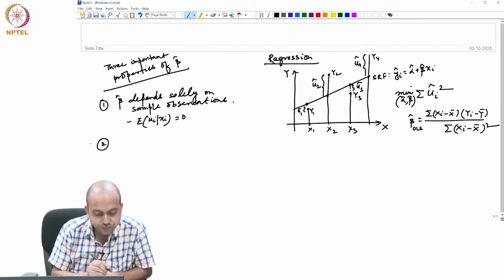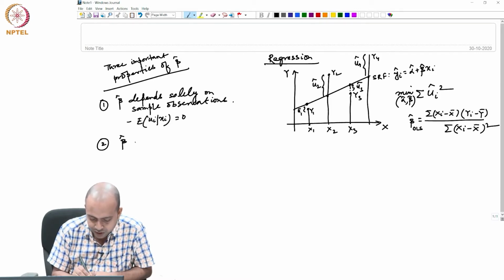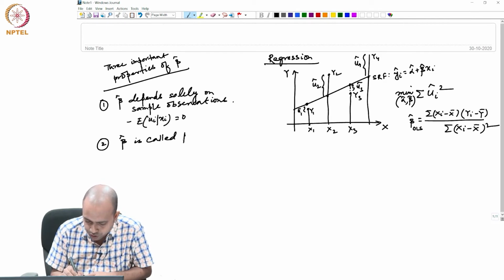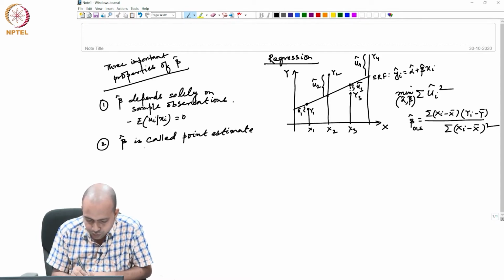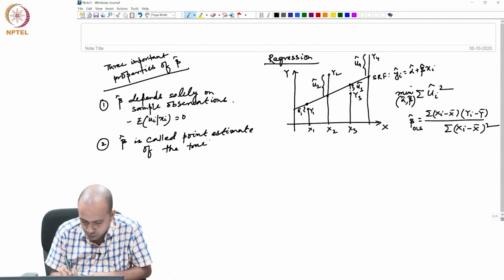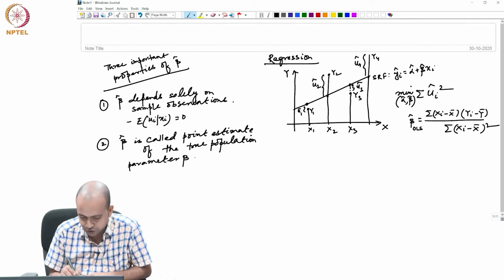Then secondly, beta hat is called point estimate of the true population parameter beta.